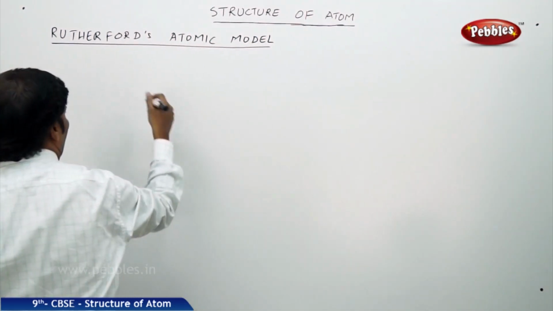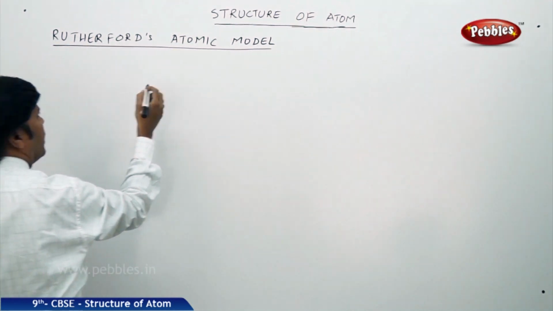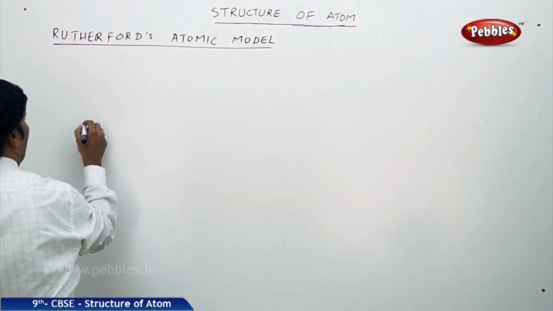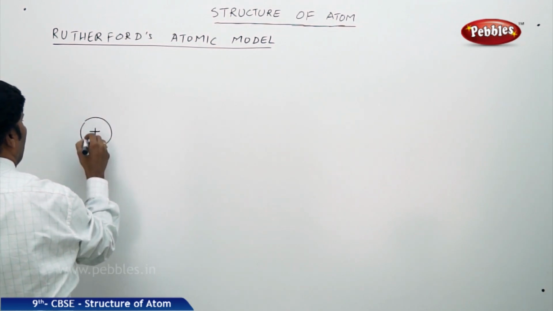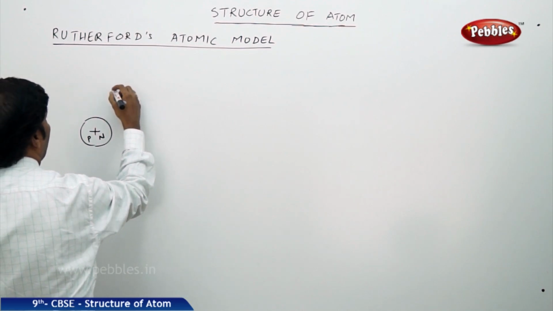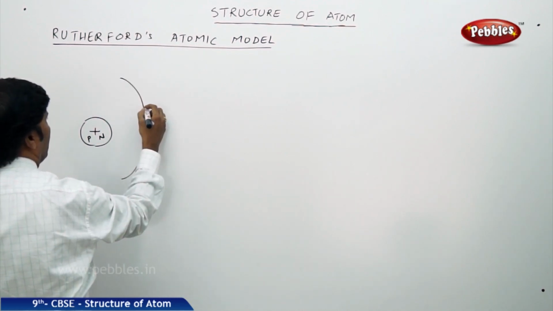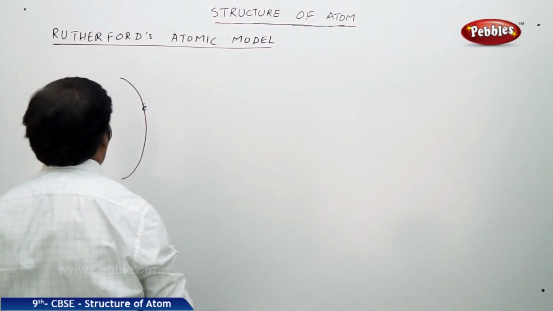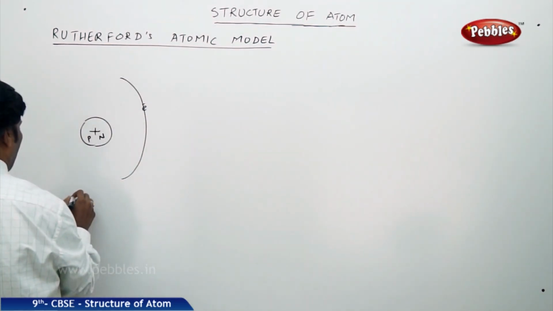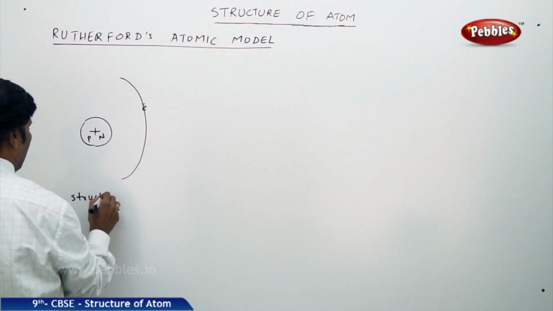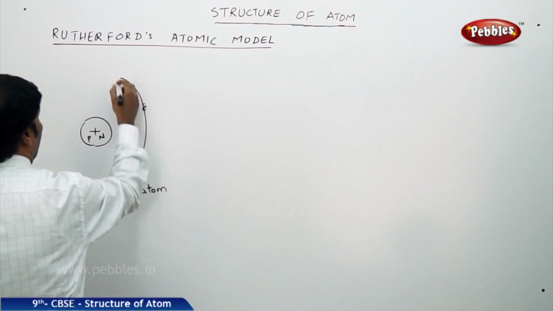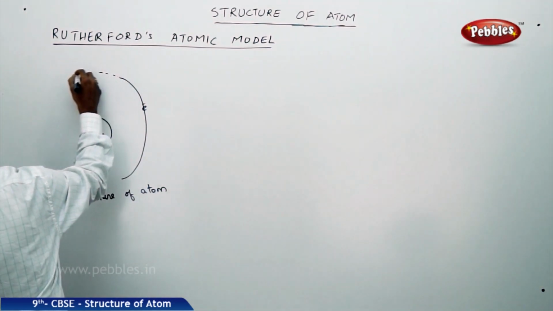In Rutherford's atomic model, if you take a small diagram, I am taking here a positively charged nucleus which contains protons and neutrons, and you can see the electron in a circular path. So from this diagram, this is the structure of the atom, and it is spherical in shape.